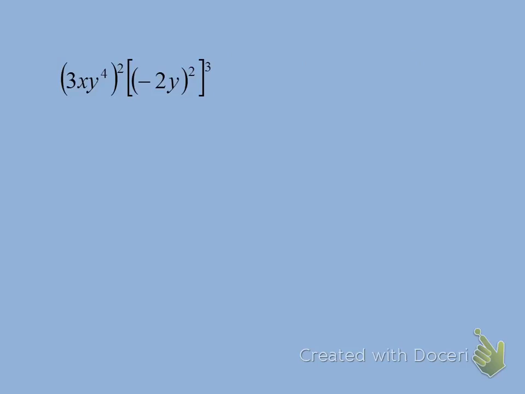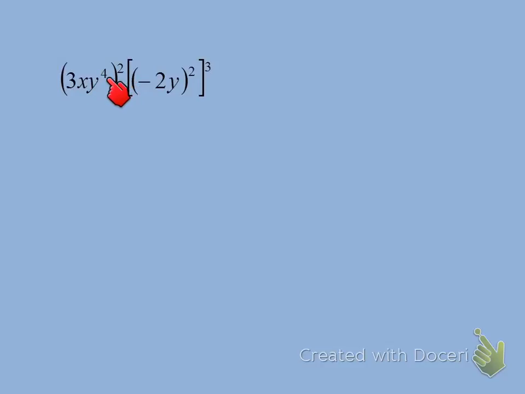Here's one. We got 3x y to the 4th all squared, negative 2y squared cubed. First thing I always do is I look and take care of my big exponents. By big exponents, I mean my exponents that are going to affect the most. This y has an exponent of 4 on it. That's not a big exponent, though, because that just affects this y.